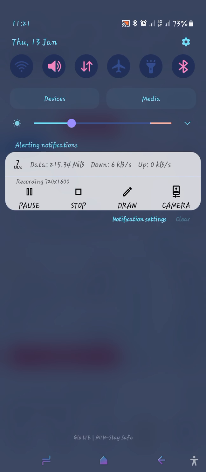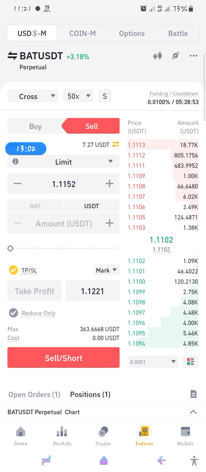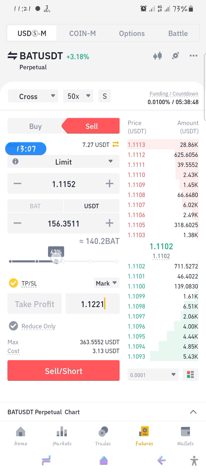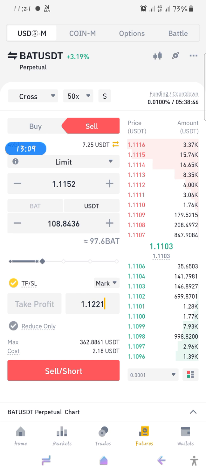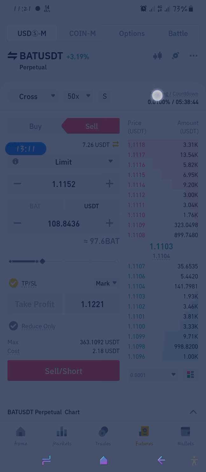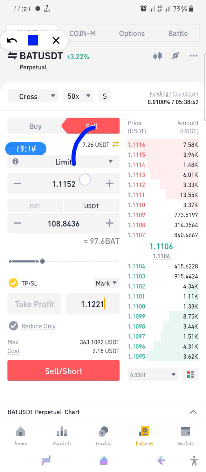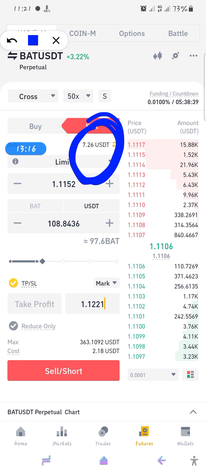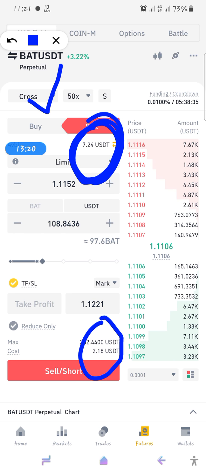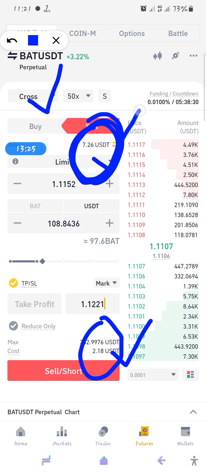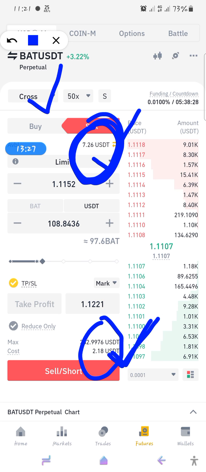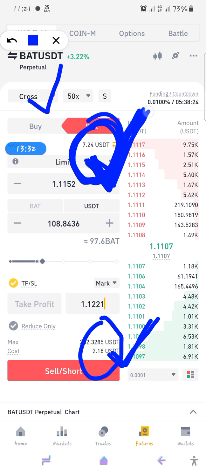Now, if you use cross and you are not using stop loss, it means you are very, very stupid, because even if you are risking $2 or $3 on cross, it does not mean you are risking just that. You're actually risking the dollars in your wallet by using cross margin. It means if the loss reaches $2 and there's still money in your wallet, it will continue taking out the money from your wallet till you hit your stop loss. You understand what I'm saying?